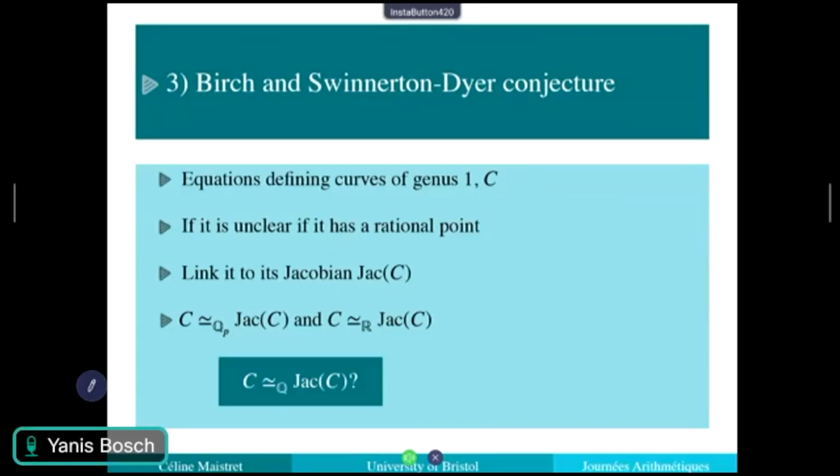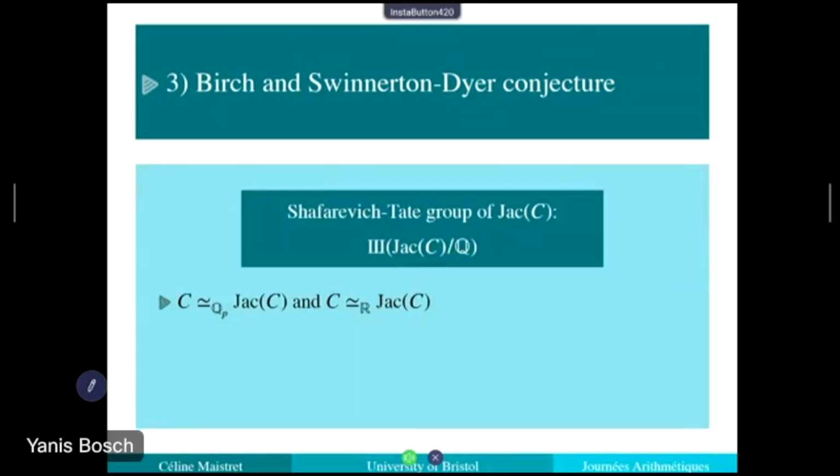And this is linked to a very interesting and vast topic, which is the study of the Shafarevich-Tate group of elliptic curves. So in my example, curves that are isomorphic over all completions of Q to your Jacobian, or your elliptic curve, they form a group, which we believe is finite, but it's unproven, which is called the Shafarevich-Tate group of that Jacobian or that elliptic curve.